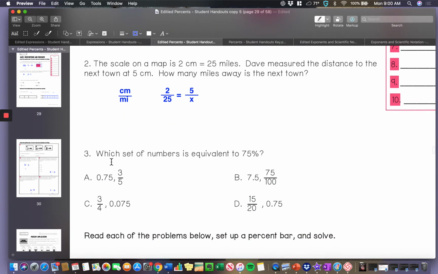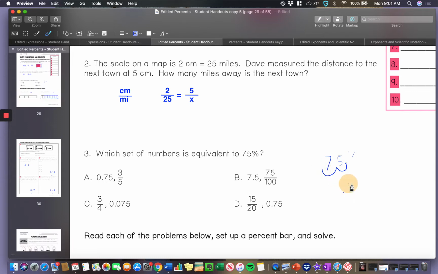Moving on down, we have number 3. Which set of numbers is equivalent to 75%? So 75%, right? You can look at that as a decimal, right? If I take my 75% and I move my decimal point 2 spots to the left, that makes it 0.75.